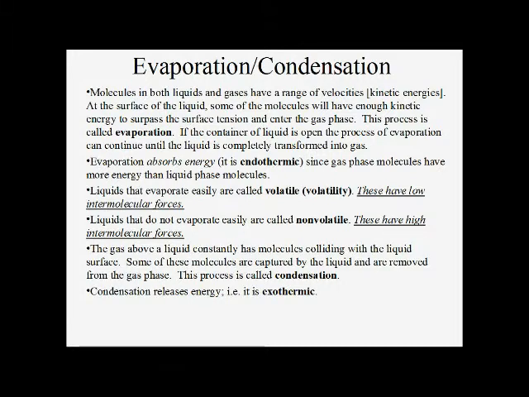If it's a closed system, a closed bottle, water will escape from the liquid to the gas phase. That will build up a pressure of water in the gas phase. That water in the gas phase will be colliding with the liquid water. Some of those water molecules in the gas phase will be captured by the liquid and recondense.